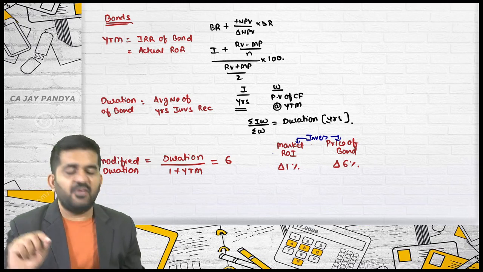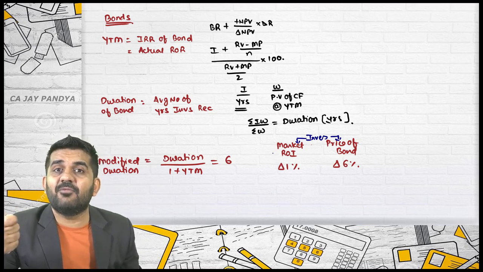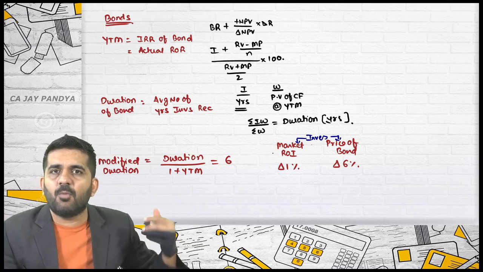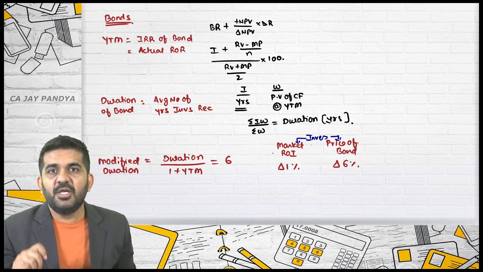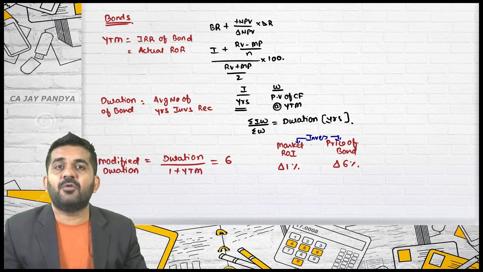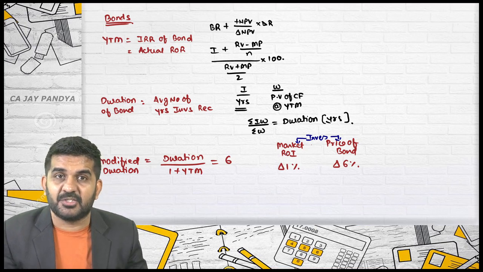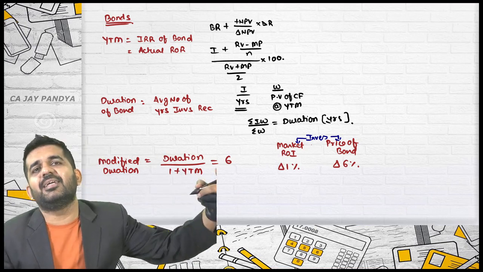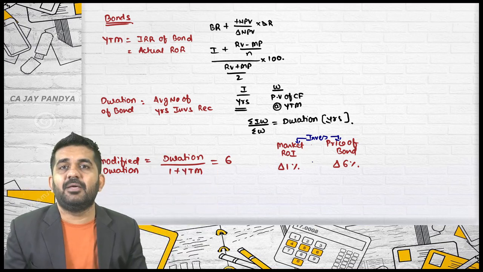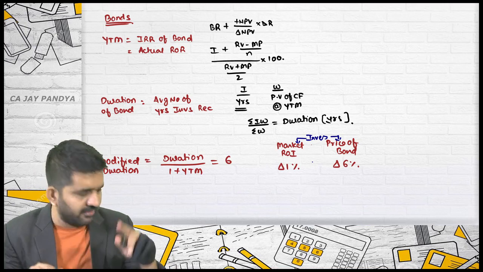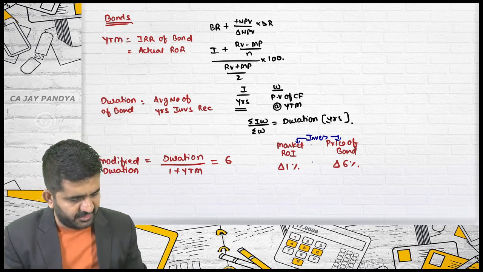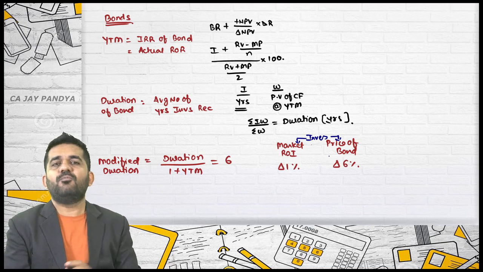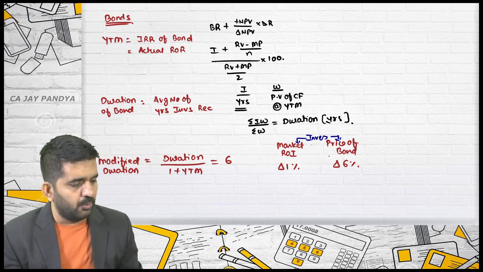If the market rate increases by 1%, the price of the bond will decrease by 6%. If the market rate of interest decreases by 1%, the price of the bond will increase by 6%. Means they have a negative correlation, or they go in different directions. This is the meaning of modified duration that we have learned.